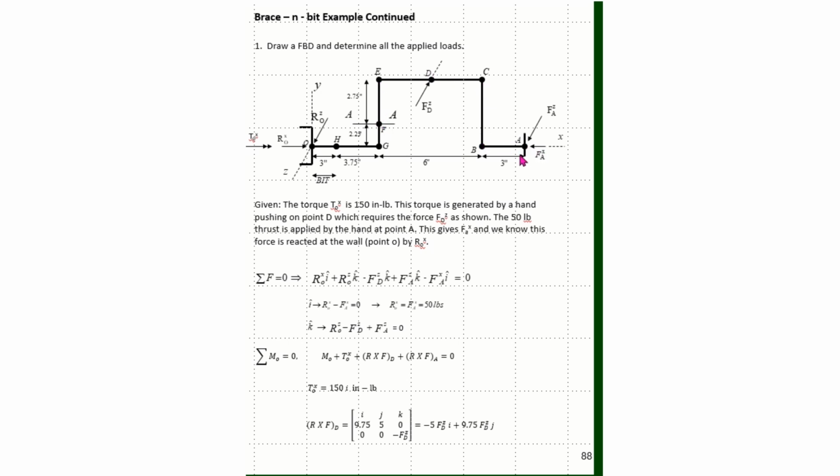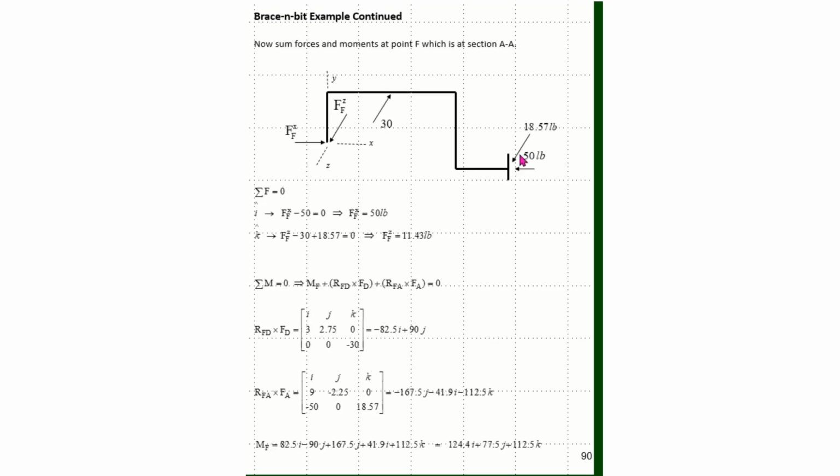So doing that, I'll redraw a free body diagram and label the forces. Here's my point F, here's my 30 FDZ, and here are the loads applied at point A at my handle. We determined they were 18.57 and 50 pounds. And the directions are also shown.